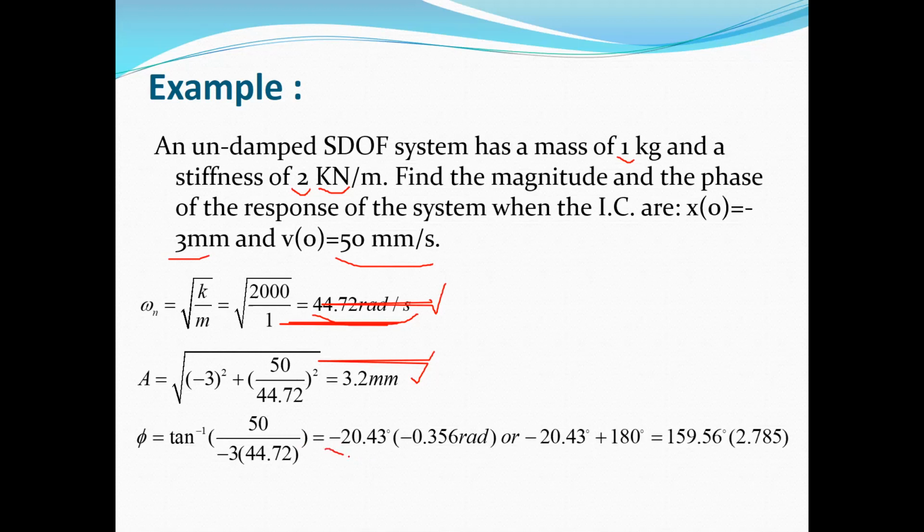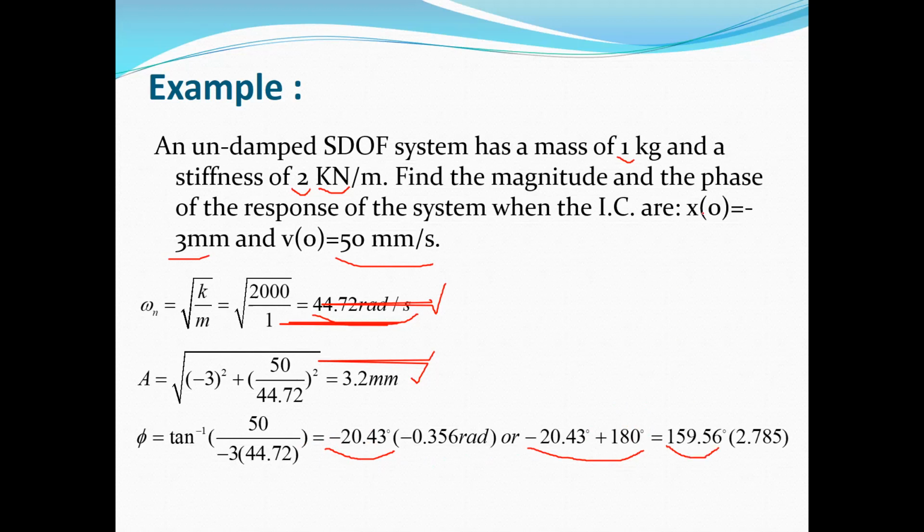The first one is -20.43, and the second one is -20.43 plus 180, which is pi, in fact. So we will have two values for phi. One is a negative value and the second one is a positive value.